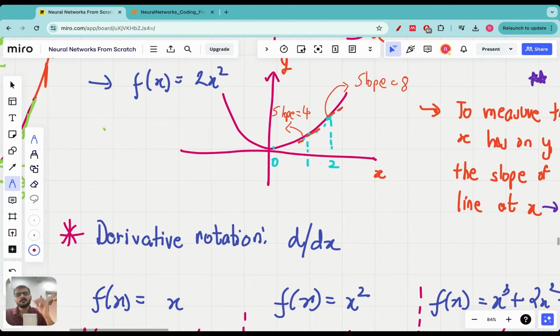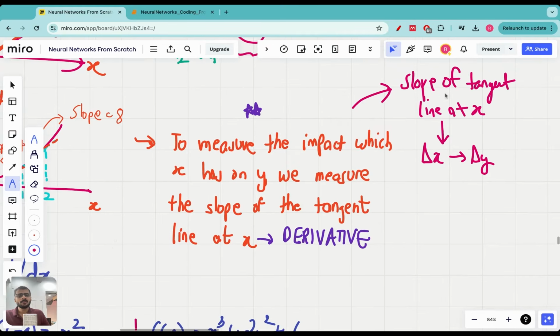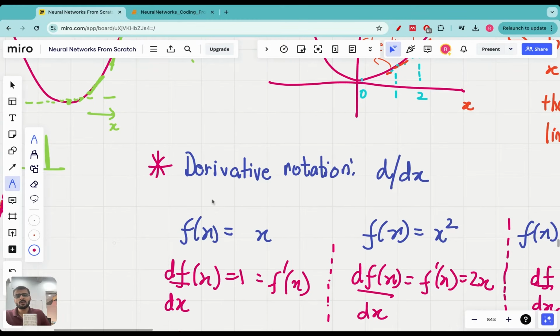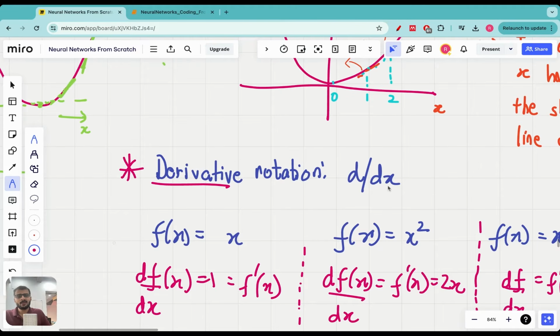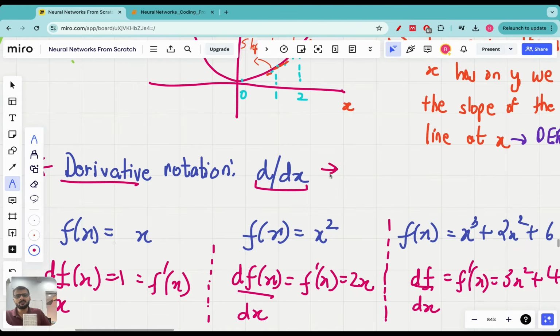It turns out that for any function, there is a way to calculate this slope of the tangent line at any point, and that is called the derivative of the function at that point, and it is denoted by the notation d by dx. So if you have any polynomial, let's say a into x raised to n, its derivative is given by a into n into x raised to n minus 1.